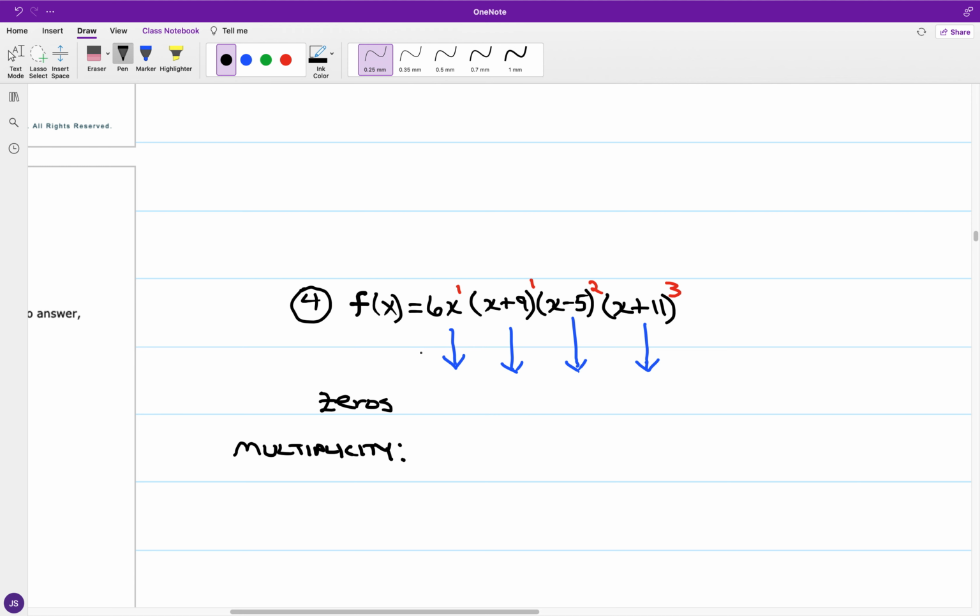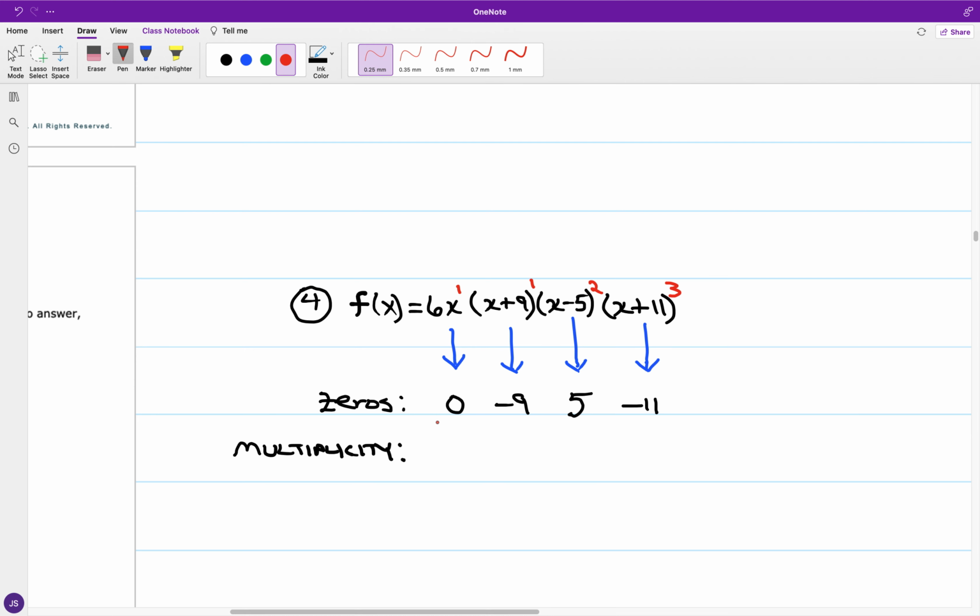So think like this. If you've got 6x equal to 0, then x is equal to 0. From x plus 9, we have negative 9. And from setting x minus 5 equal to 0, we have that x is equal to 5. And for x plus 11, if that is equal to 0, we have x is equal to negative 11.